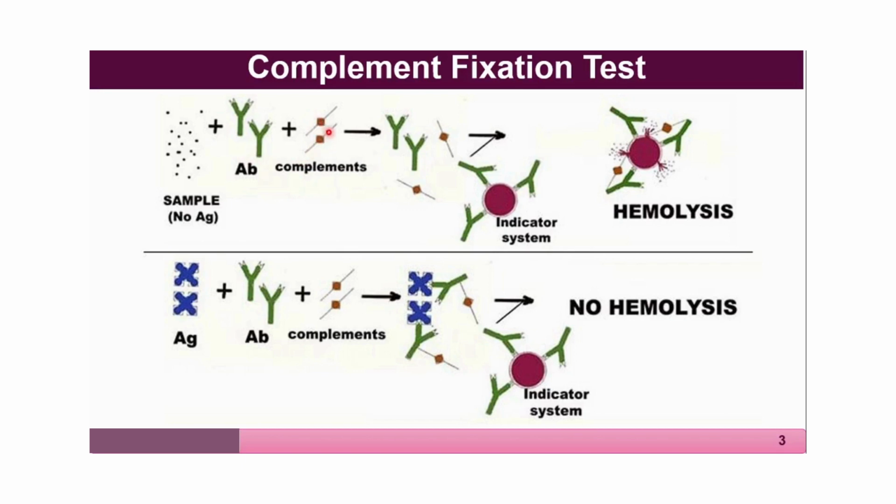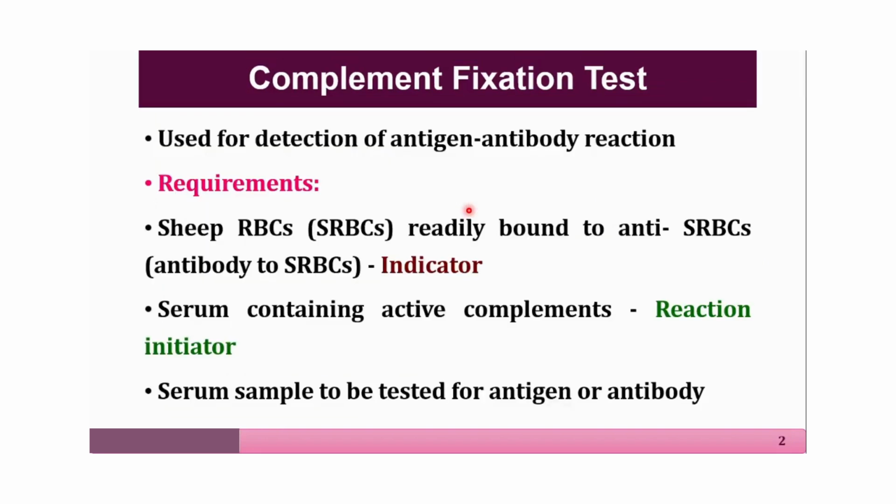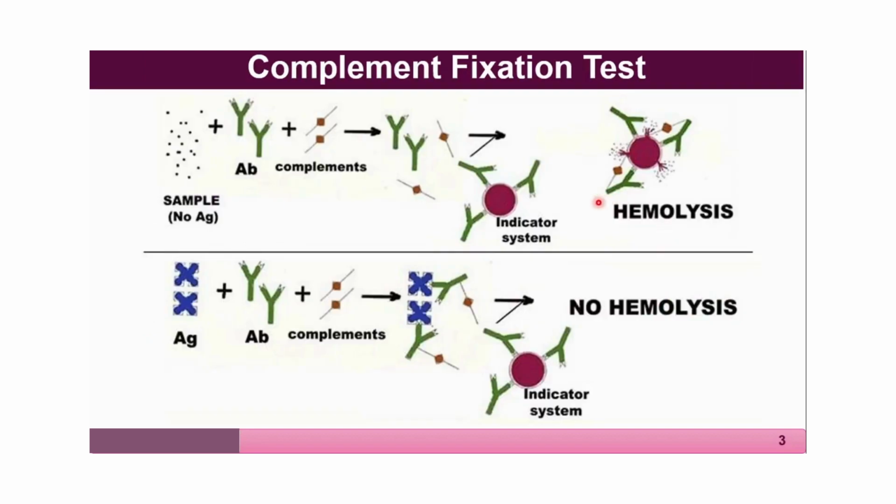Therefore, the complement that you added will be free in the mixture. Now to that you are adding the indicator. As I had mentioned earlier, the indicator here is sheep RBCs readily bound by the antibodies against the sheep RBCs. That is what is shown here.